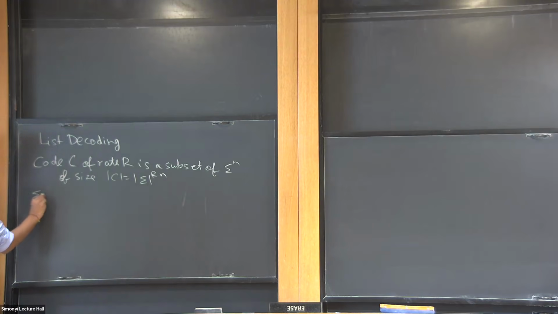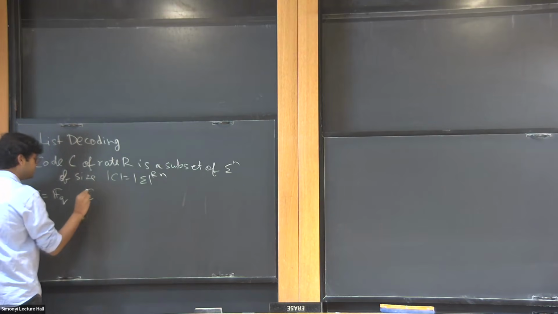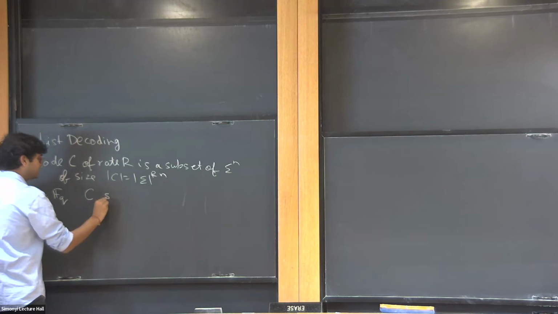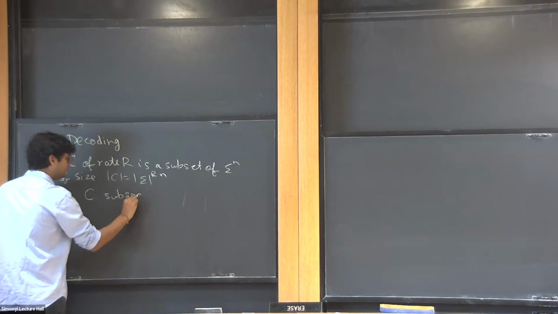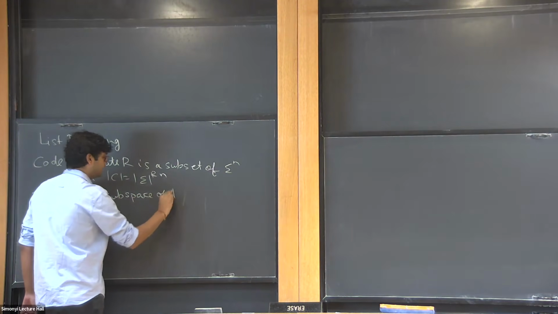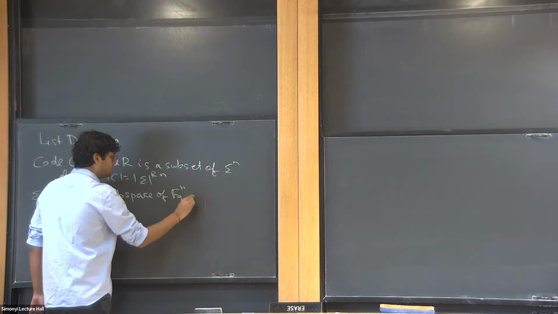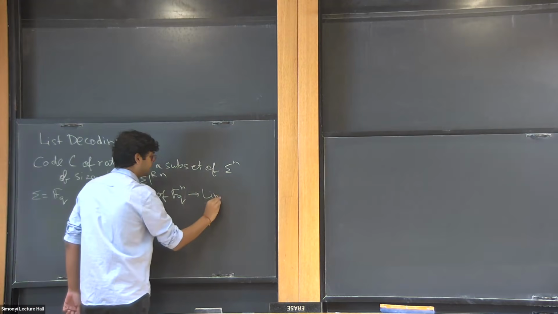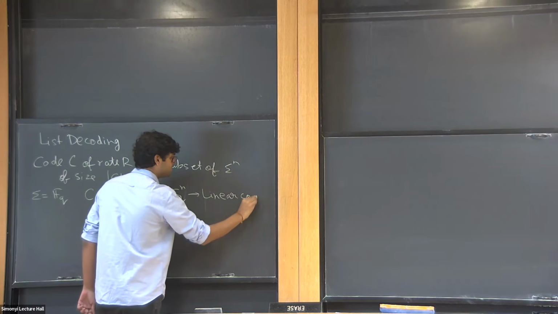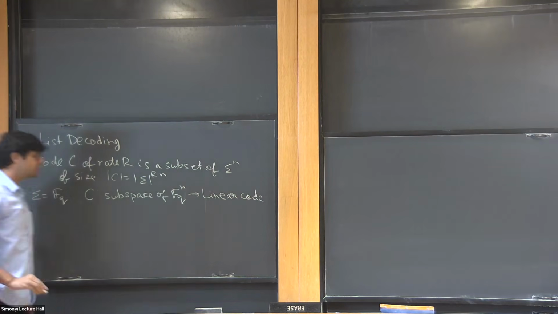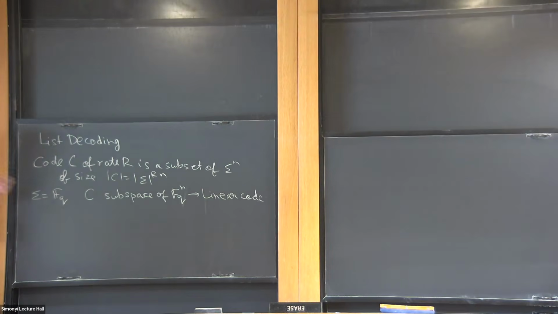Typically, we think of sigma as some finite field. And in this case, you can ask for an additional property from the code, which is that C is not just a subset, it's a subspace. And this is called a linear code. So the sum of two code words is also in the code and so on.